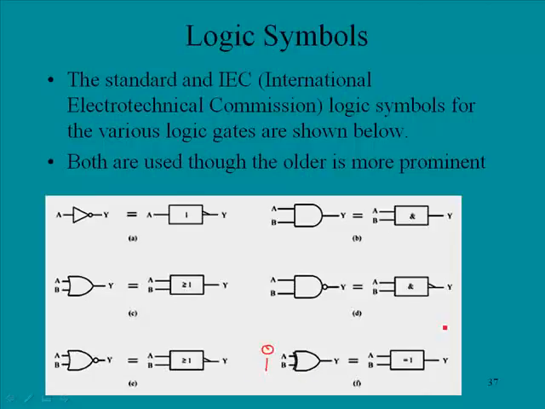So both of them are used in the industry. If you come upon a schematic that uses the IEC symbols, just use those. If you come upon a schematic that uses the standard, use those. But they're both out there, so they're both being introduced at this time. Though throughout this text we will use the standard symbols.